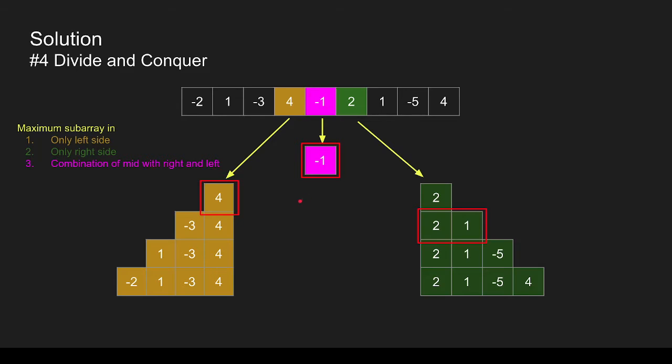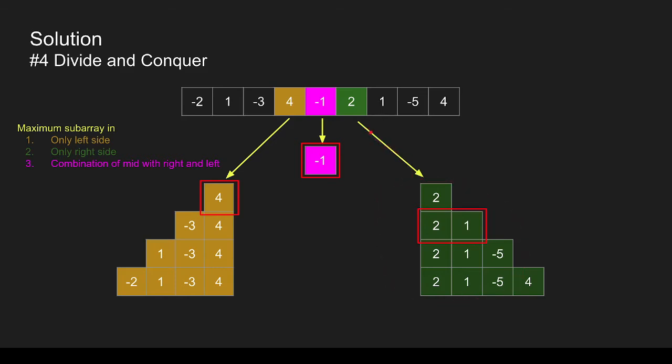So for the third point, we have to find a combination of the mid element with the left and right side. First, for the left side, we have to find the maximum sum of the subarray ending at the left element, and this is nothing but the local maximum for that element. On the right side, we have to find the maximum sum subarray that is starting from the right element.